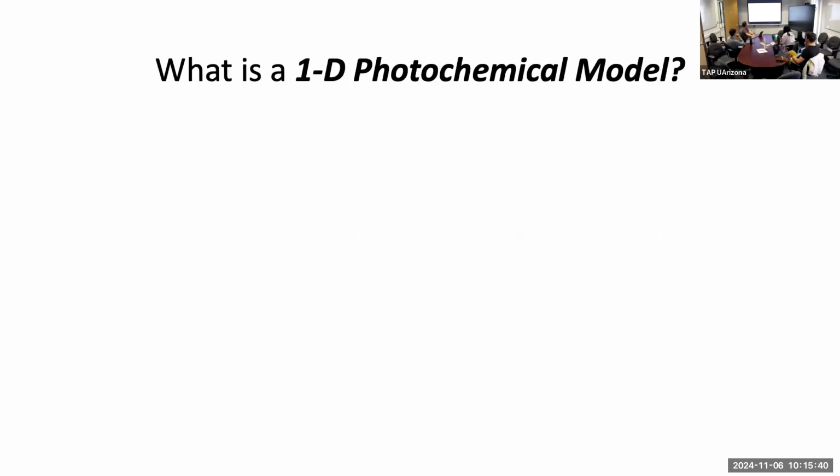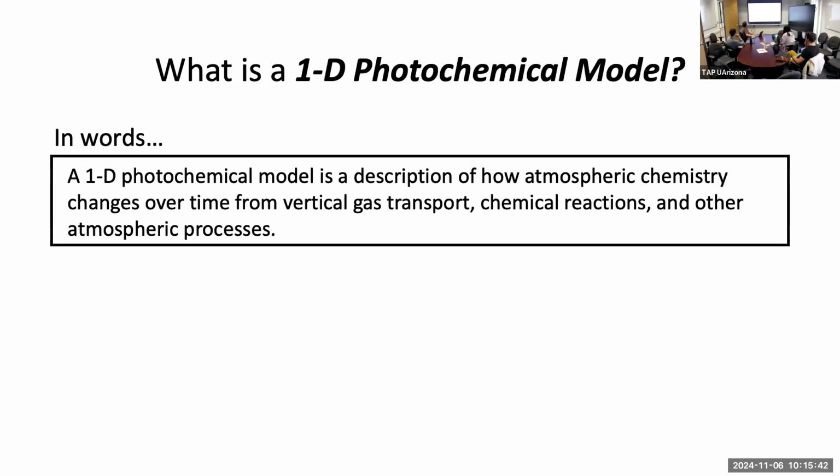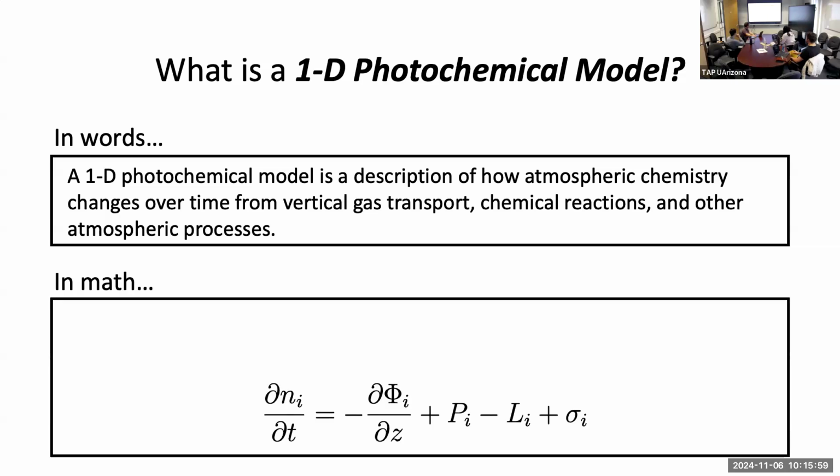Okay, what is a 1D photochemical model? In words, a 1D photochemical model is a description of how atmospheric chemistry changes over time from vertical gas transport, chemical reactions, and other atmospheric processes. And then in math, we're solving a large system of partial differential equations.